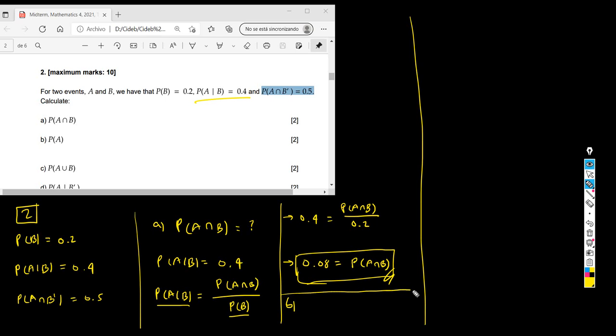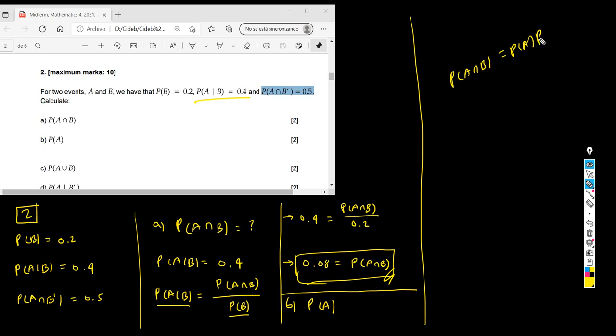Okay, next question B. Find the probability of A. This is the point where a lot of you wanted to use that formula, the one I told you before about the independency of events.